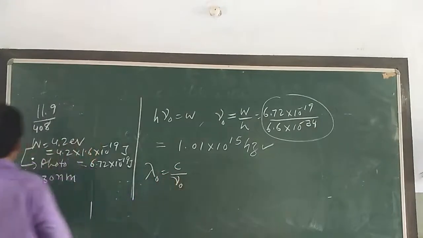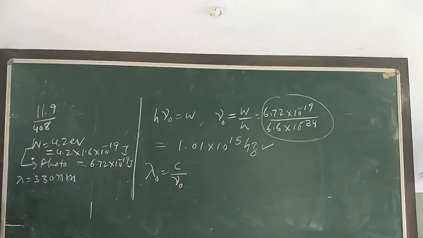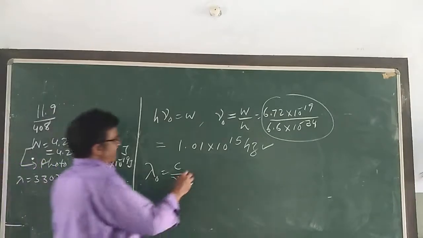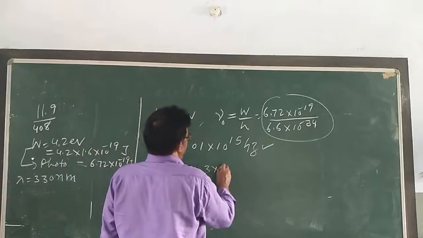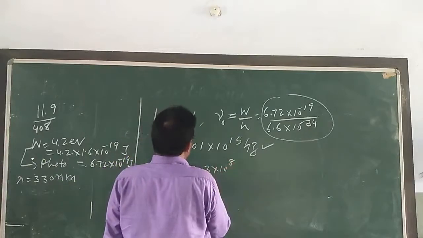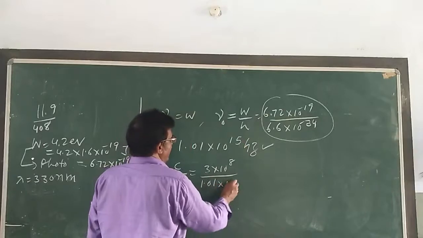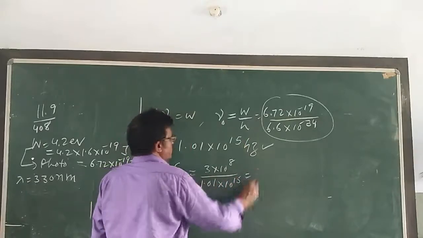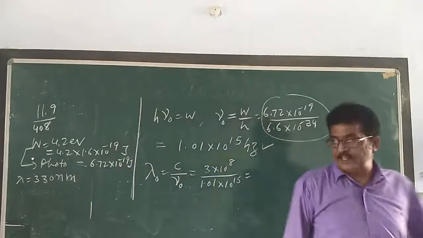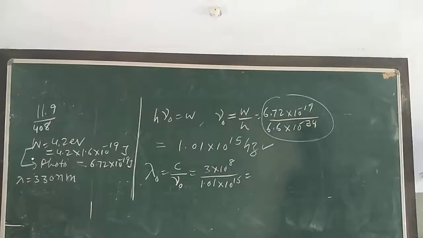Here, what we have to find out? Will this metal give photoelectric emission? Calculate this lambda naught first. Here that is 3 into 10 raised to power 8 divided by nu naught, which you calculated, 1.01 into 10 raised to power 15. Solve it, see how much lambda comes, and compare it with the given 330 nm.